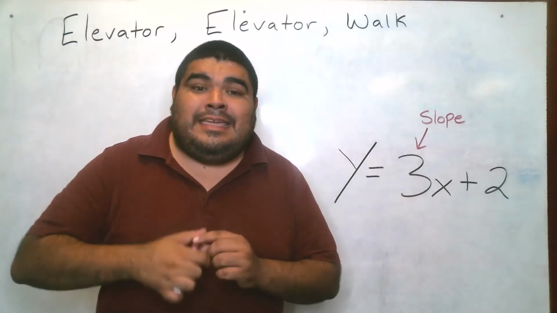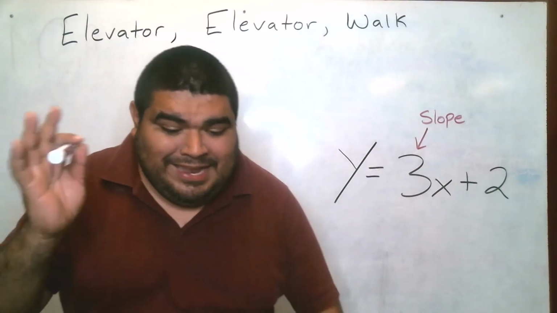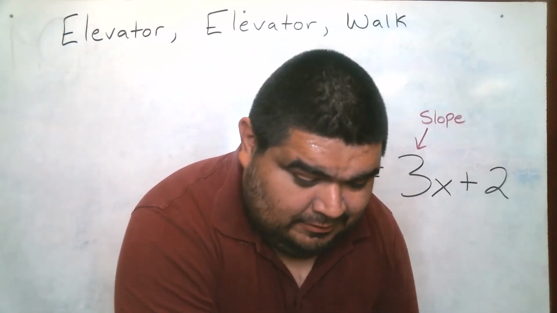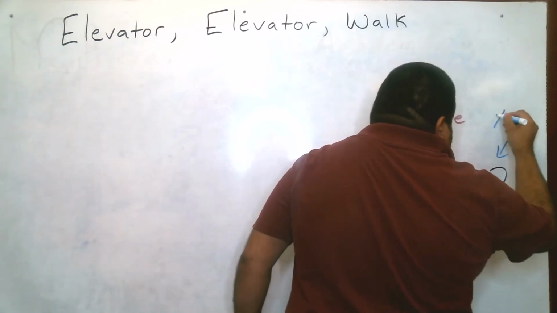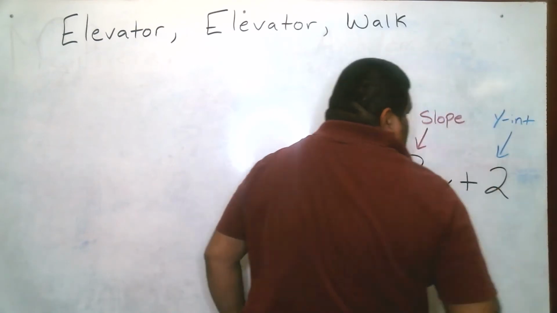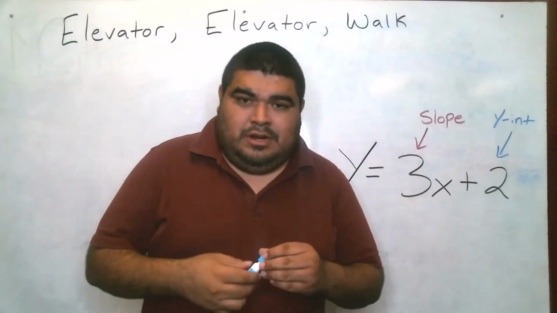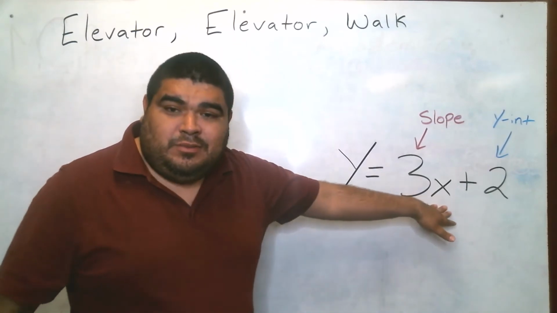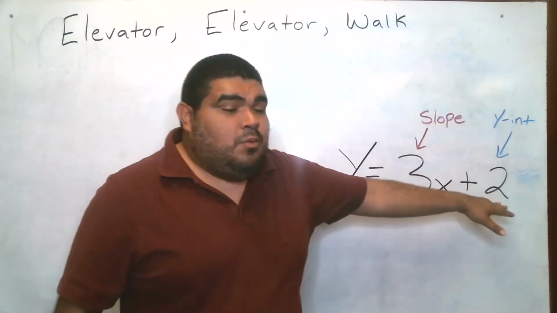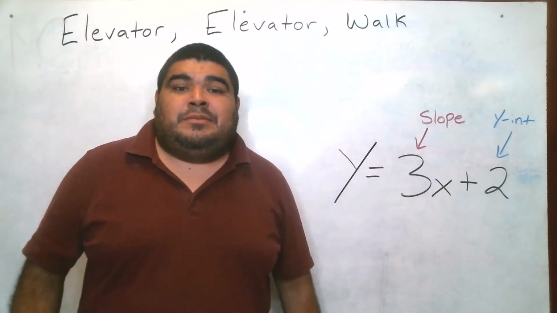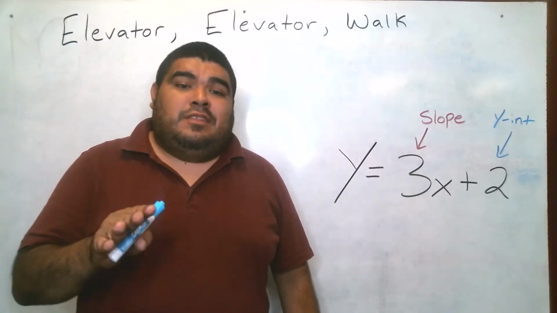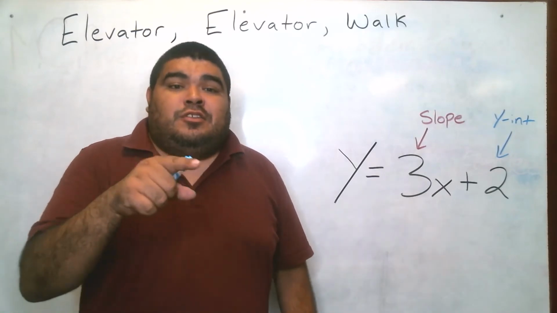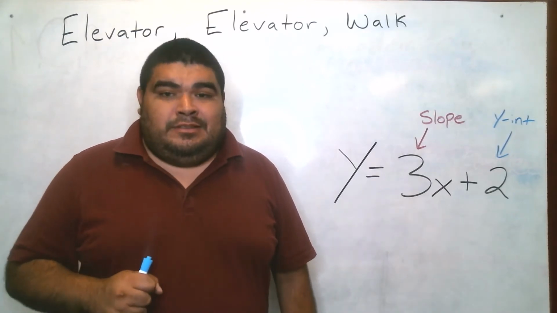The one on the end of the equation, the one behind, is called your y-intercept. So remember, the one with the variable next to it is called the slope. The one at the end is called the y-intercept. Now that we know the basic terms, we can actually label this equation to graph. So let's start by labeling it.